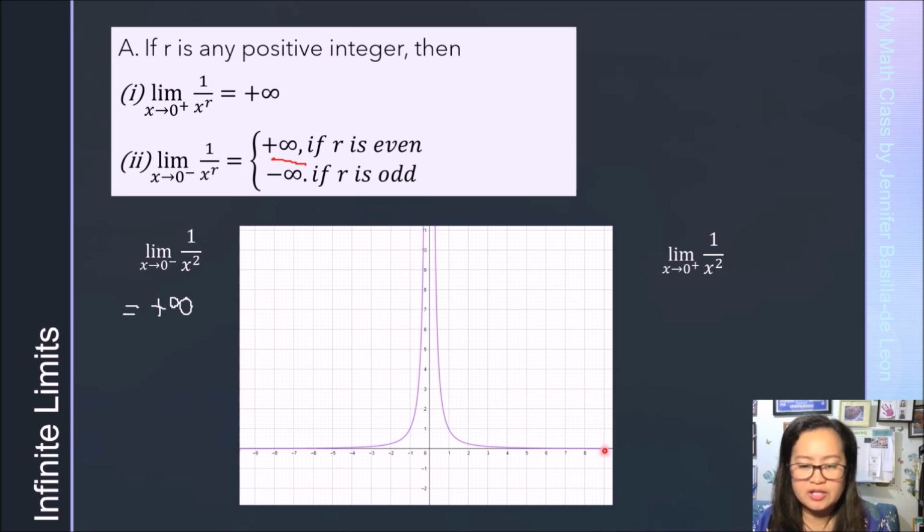So from the right we trace, then as x approaches the value 0, the graph increases without bound. Therefore, the limit of 1 over x squared as x approaches 0 from the right is positive infinity.